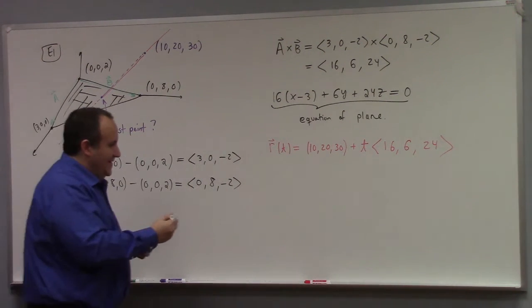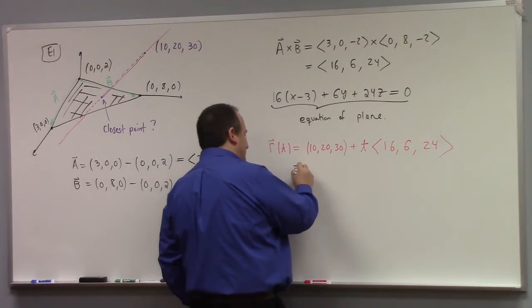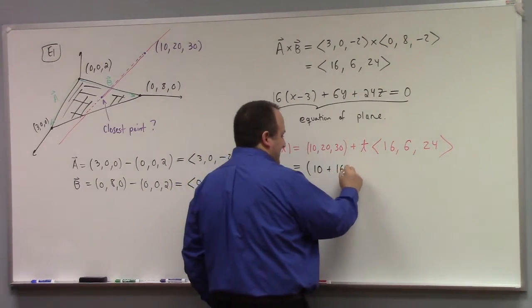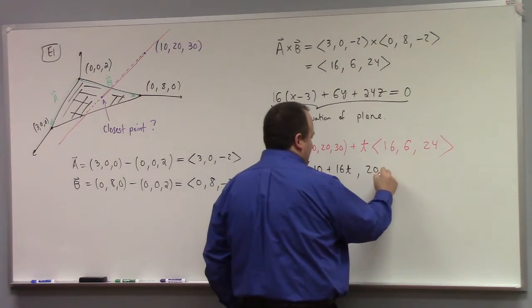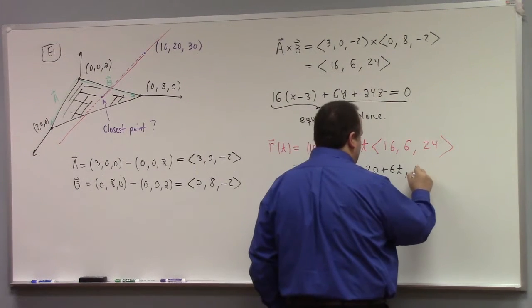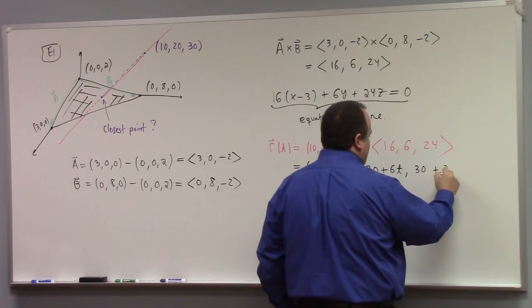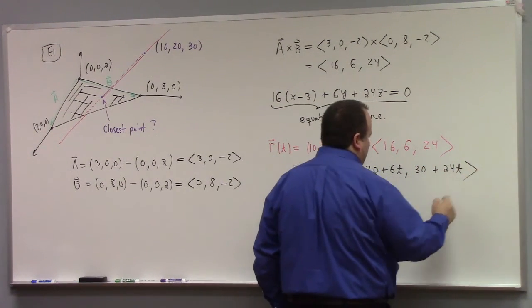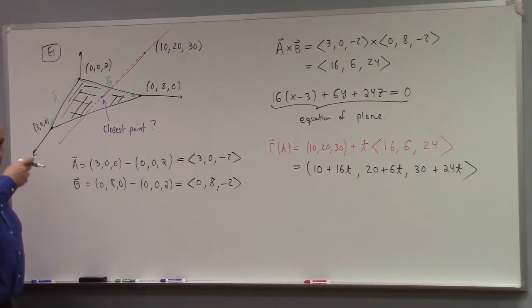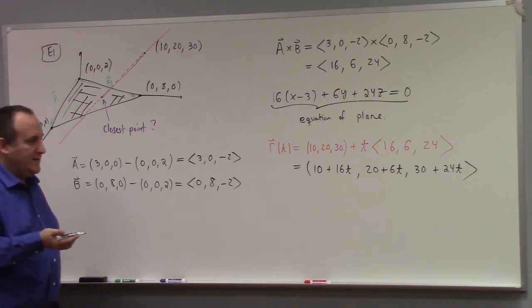See here, so 10 plus 16t, 20 plus 6t, but I think after the dust settles, this is the easiest way. If I come across this problem on a math subject test or something, this is the way I do it. It's just fastest. Now those are the equations for the normal line.